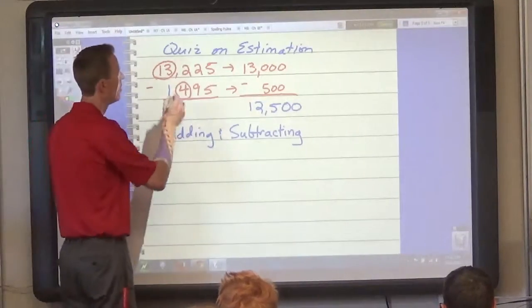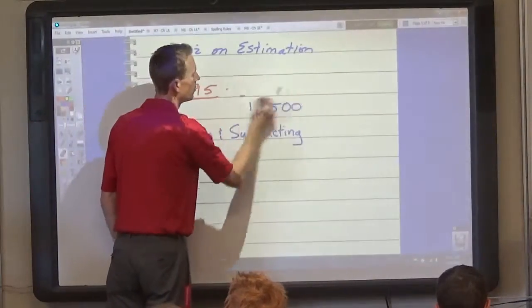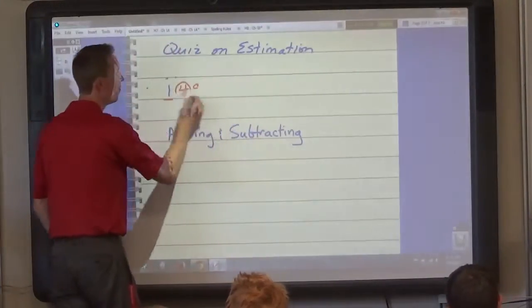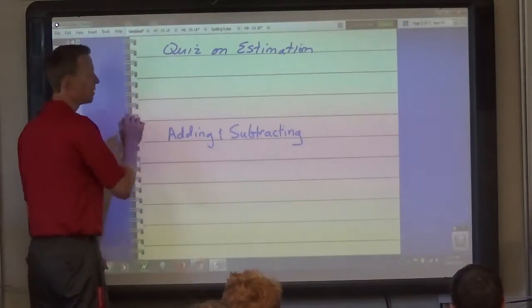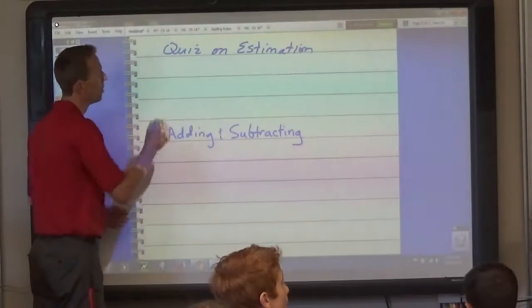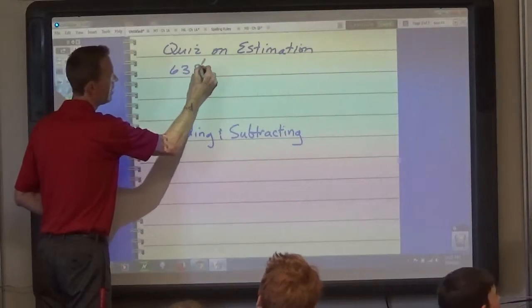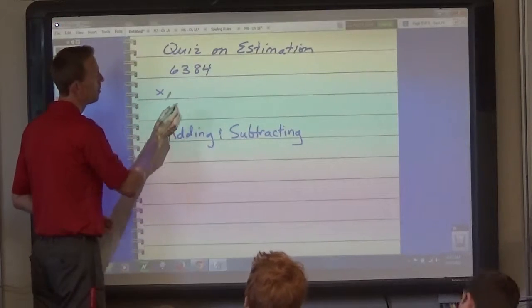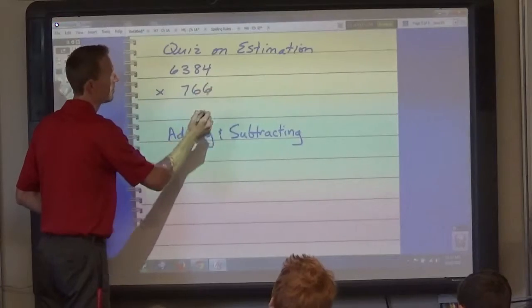Now, we also talked about what to do for multiplying and dividing. There will be multiplication and division questions on your quiz. So, let's start with multiplication. Let's say we have 6,384 times 766.